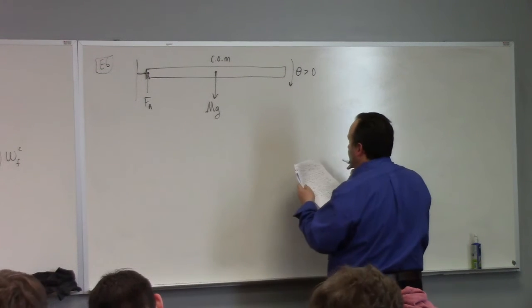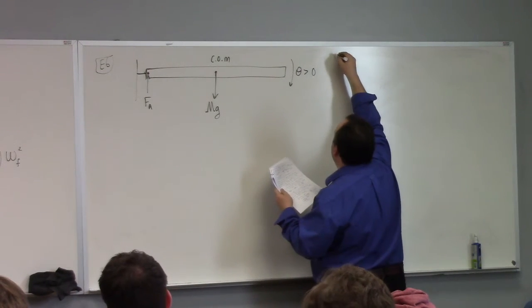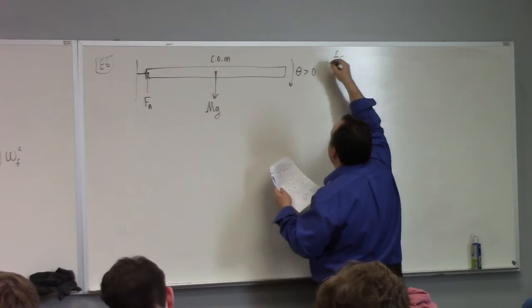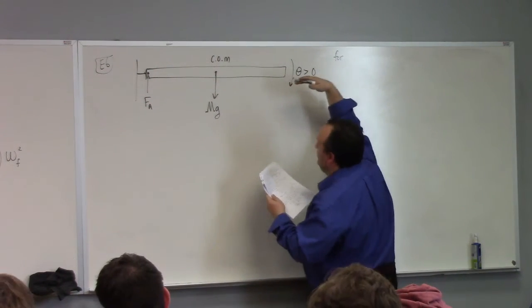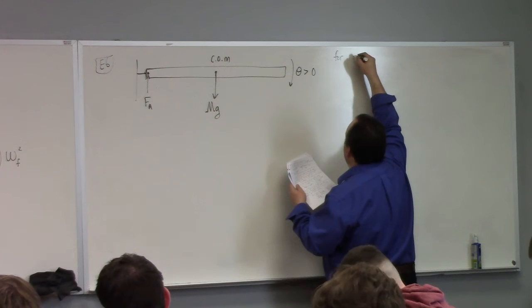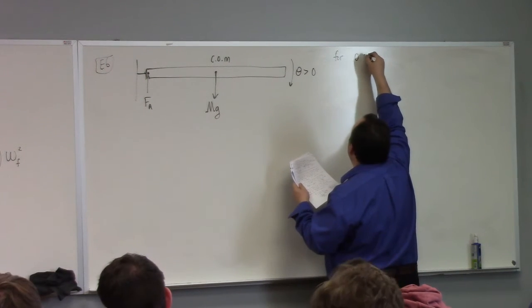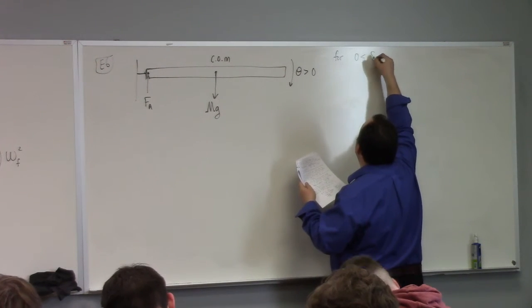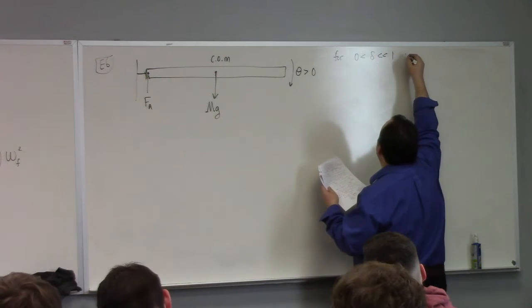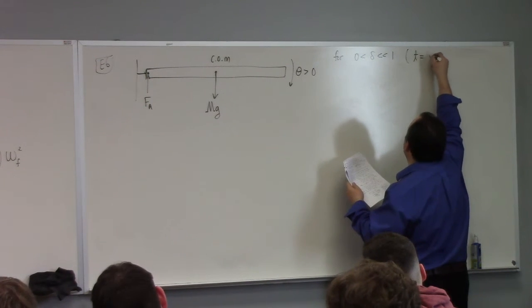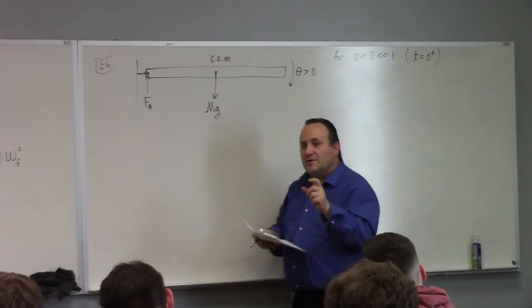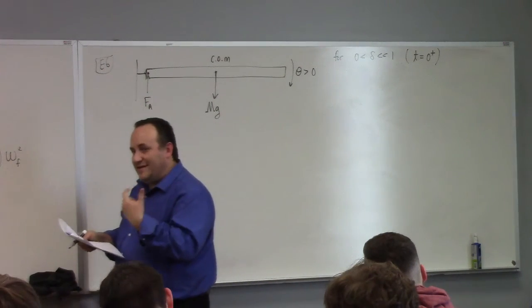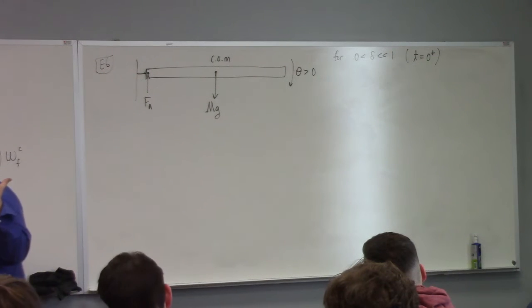And the question is, it's horizontal at time 0, okay? So for 0 less than delta, much less than 1. You could say it this way, for t equals 0 plus. So what I mean is for very small positive times, assuming that it's at rest and horizontal before we drop it.